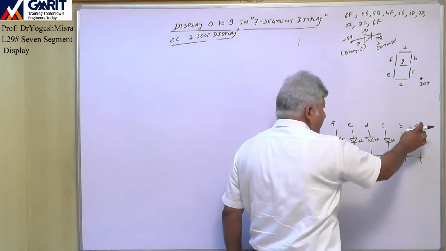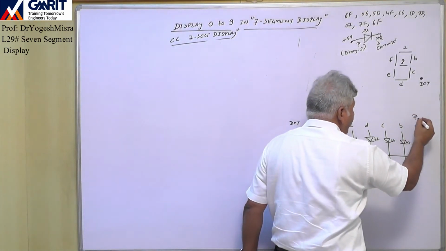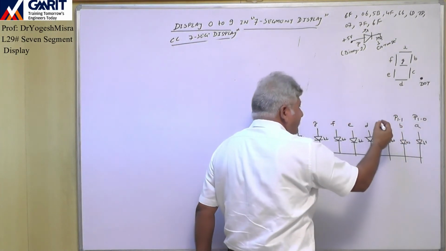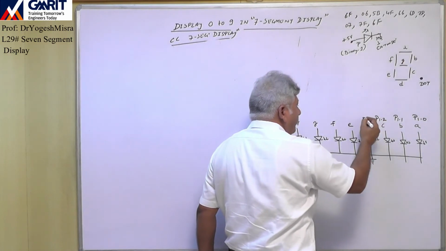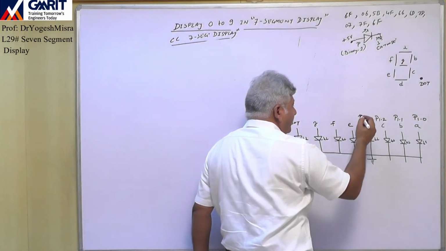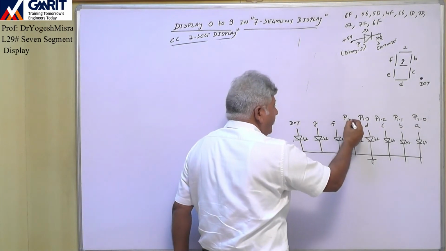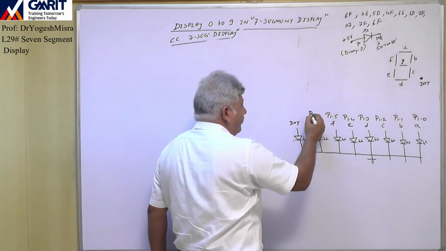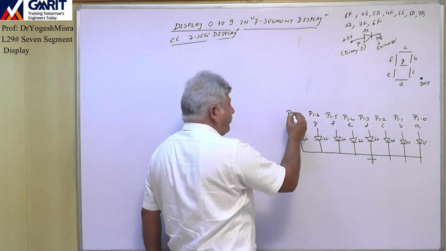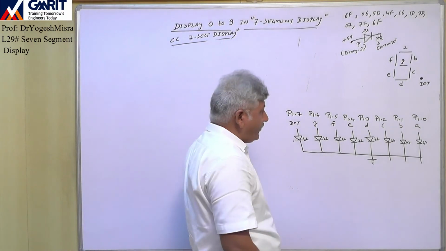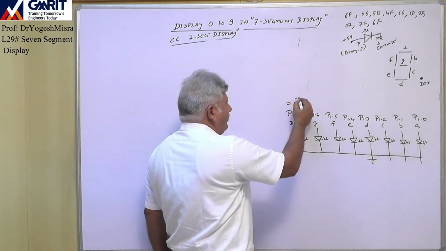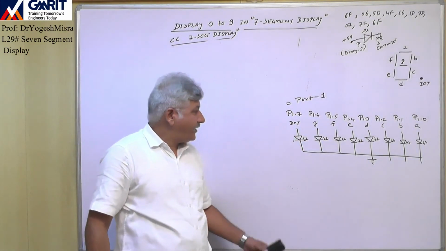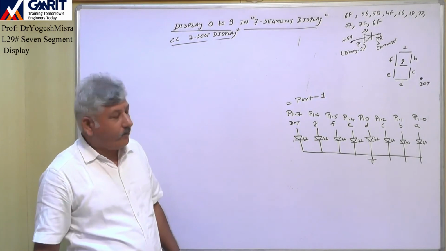So suppose we will connect A segment to port 1 pin number 0, B at port 1 pin number 1, C at port 1 pin number 2, D port 1 pin number 3, E port 1 pin number 4, F port 1 pin number 5, G port 1 pin number 6 and dot port 1 pin number 7. So basically we are utilizing our port 1 to interface this 7 segment display with microcontroller 8051.